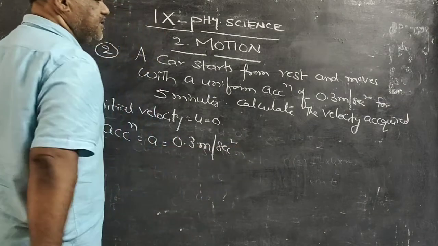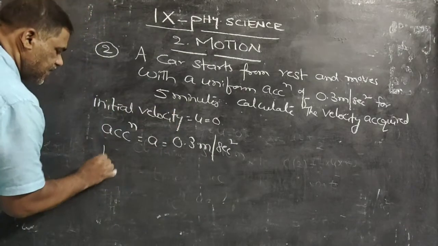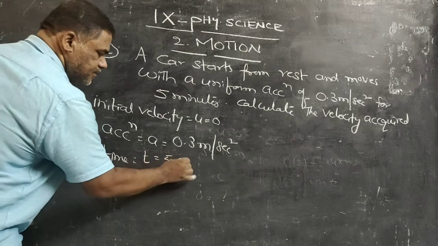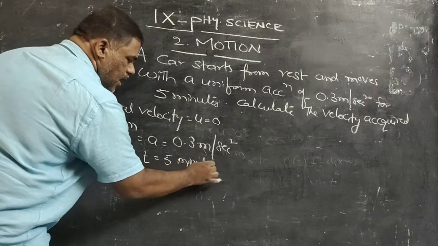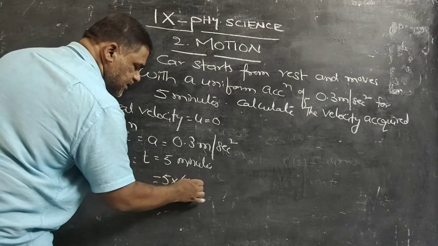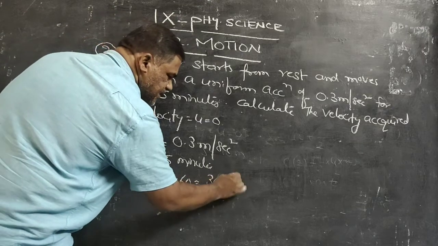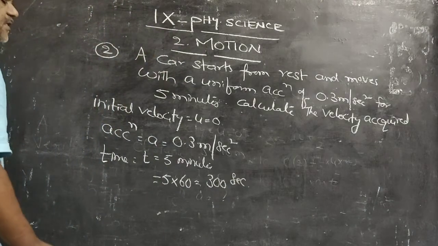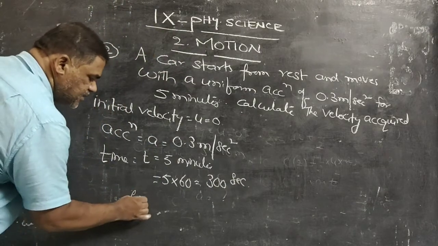This is given condition for 5 minutes. Time is given as 5 minutes. Always time should be in seconds. 5 minutes means 5 into 60, that is 300 seconds. This is the time. Now we have to find the velocity acquired by the car. Final velocity we have to find.